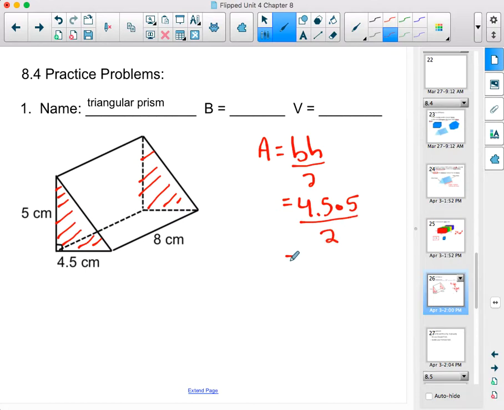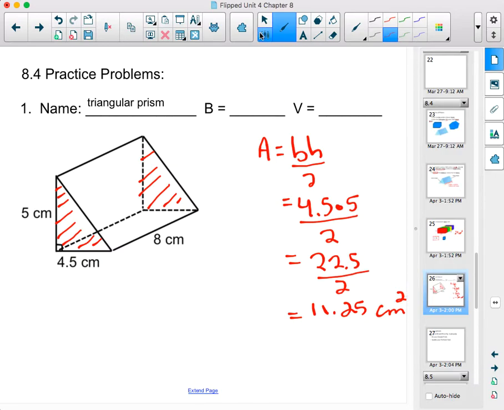So we'll follow the order of operations. 4.5 times 5 is 22.5. And when I divide that by 2, I'm going to get 11.25. Now that's area, so it's measured in square centimeters.